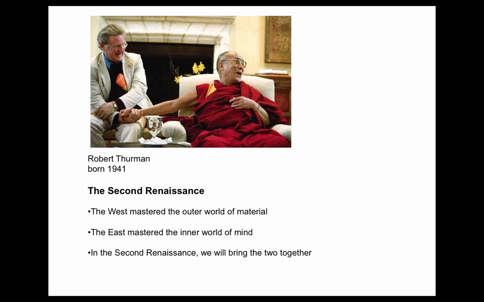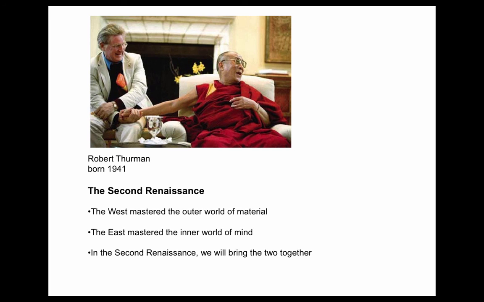So this is Robert Thurman. Anybody know what he's most famous for? He's Uma Thurman's father. But he is chair of Indo-Tibetan Studies at Columbia University and one of the most important Western Tibetan scholars. And he's buddies with the Dalai Lama.